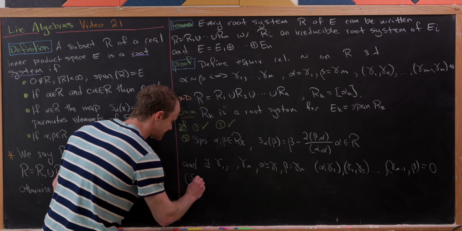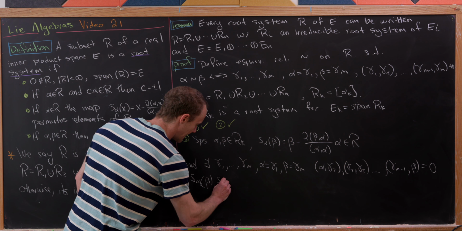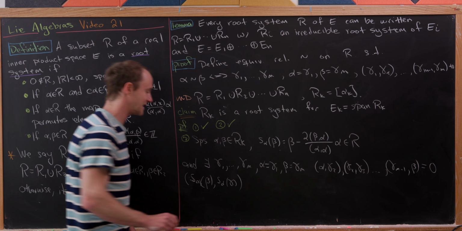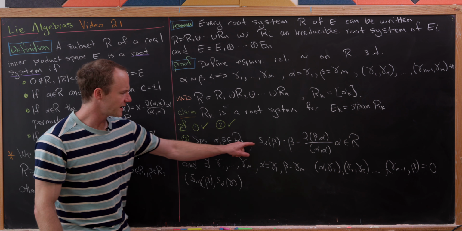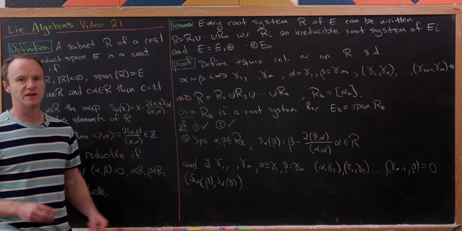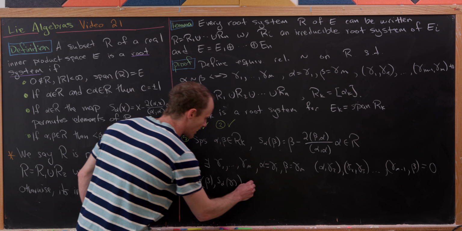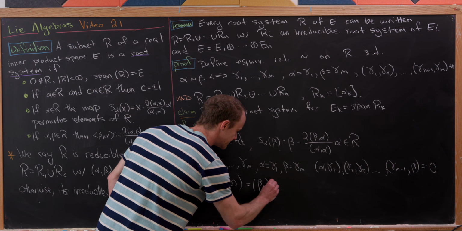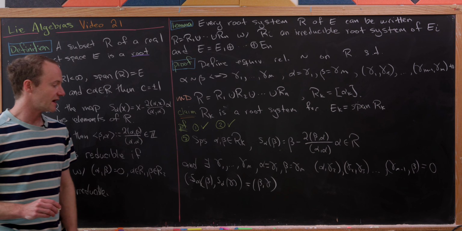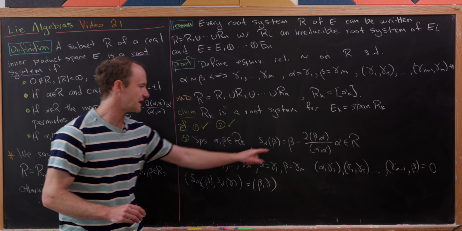But now let's do the calculation. Let's see, S_alpha applied to beta, and then S_alpha applied to gamma. Plugging in our formula for S_alpha and using the linearity of the inner product, we see that it turns into beta gamma, from the beta part, and the corresponding gamma part.